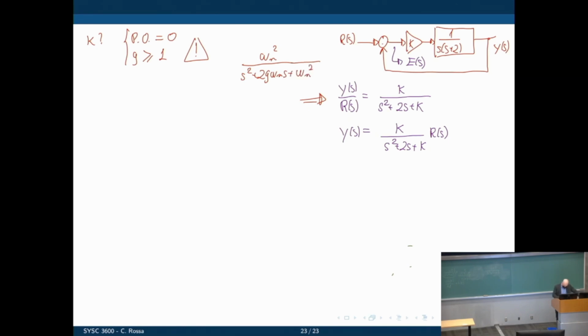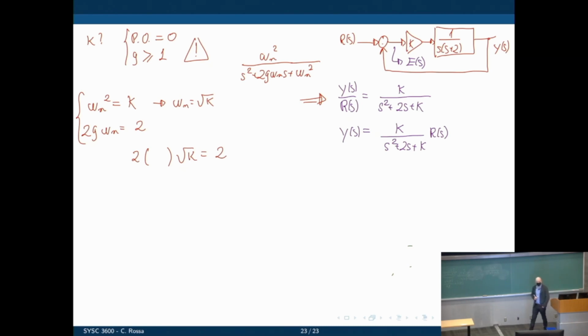So we have omega n squared equals K and 2 zeta omega n equals 2. From the first, we get omega n equals the square root of K. And then you have 2 times zeta times square root of K equals 2.